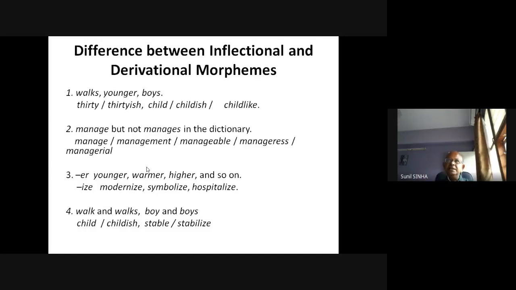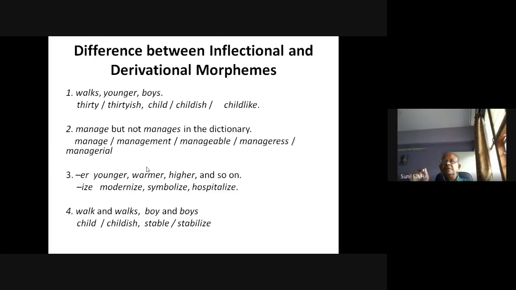They do not show manage first and then manages as a separate entry in the dictionary. Why is it so? Because this inflectional morpheme, we learn it from grammar.